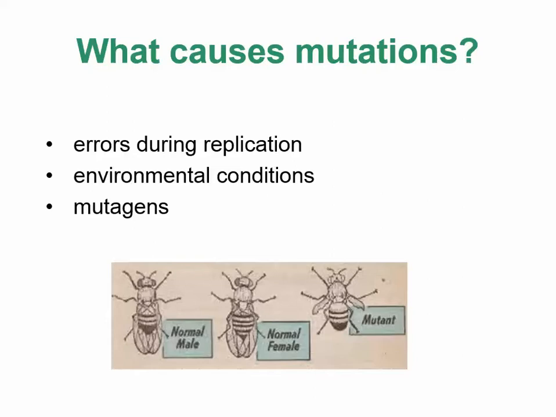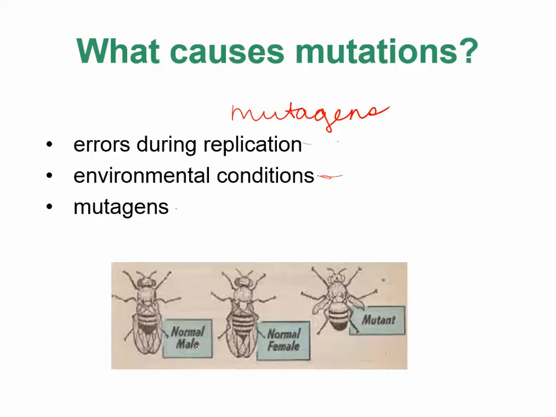What can cause mutations? Earlier in the year we talked about mutagens. Remember, we talked about smoking, x-rays, asbestos, the sun, UV rays. But what also can cause mutations are errors during replication, environmental conditions, and the mutagens, like I just mentioned.